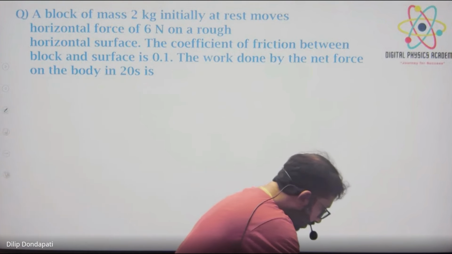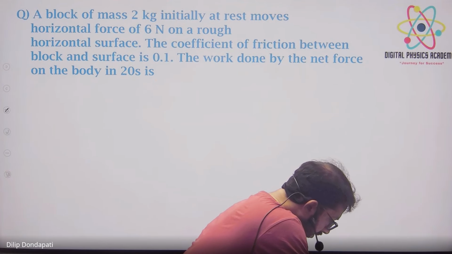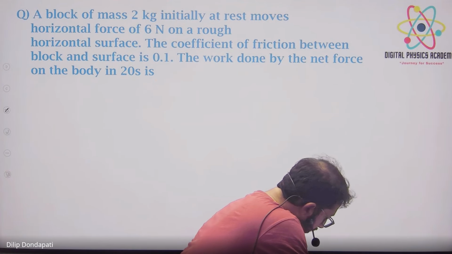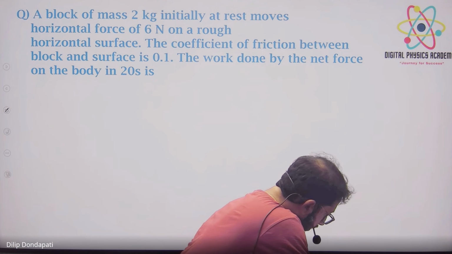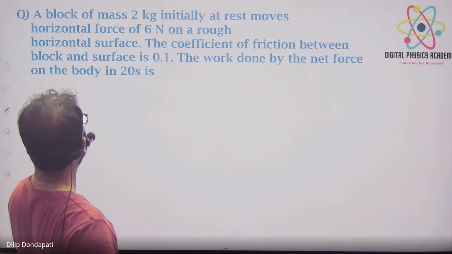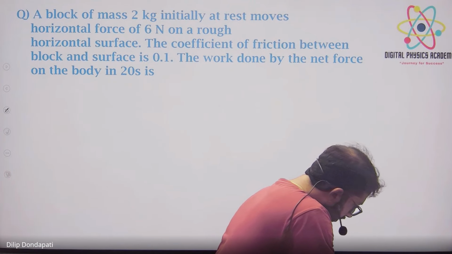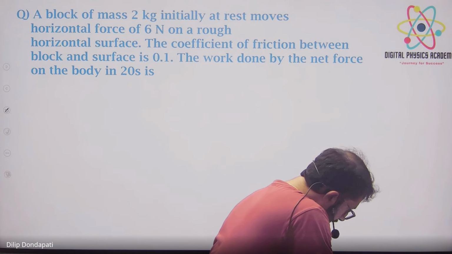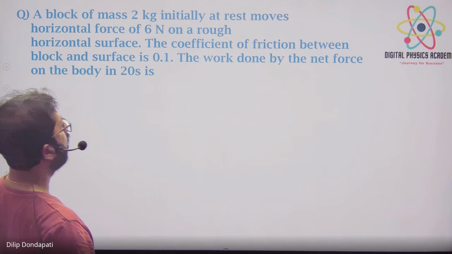So work done by net force means the final force. Final force चाहिए.